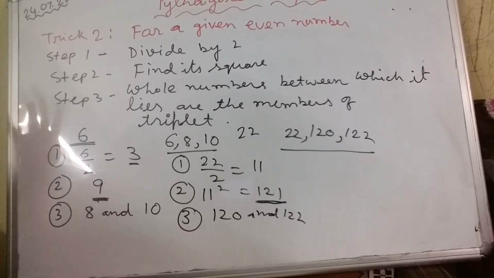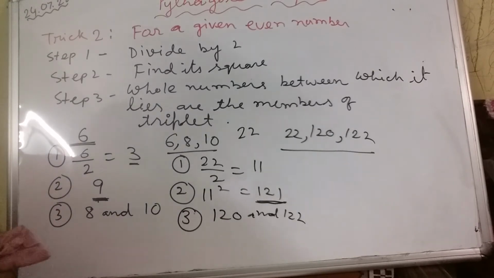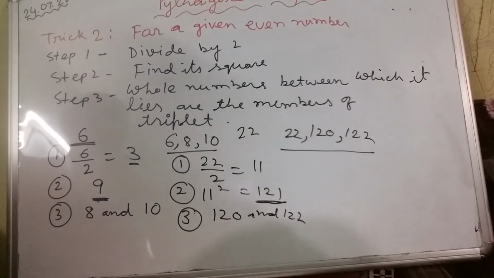And also remember, there exist many other triplets having the same number. All triplets cannot be covered with this trick. This trick is helpful only if one number is given and you have to complete that triplet with this number.